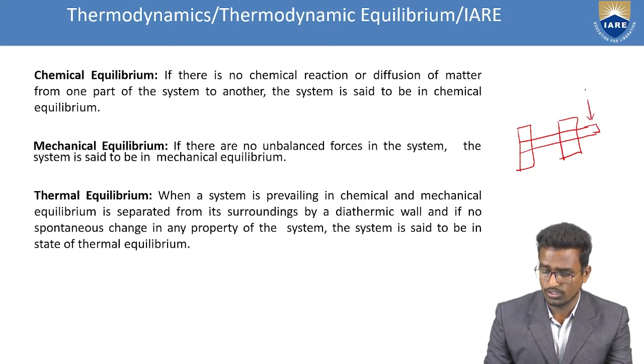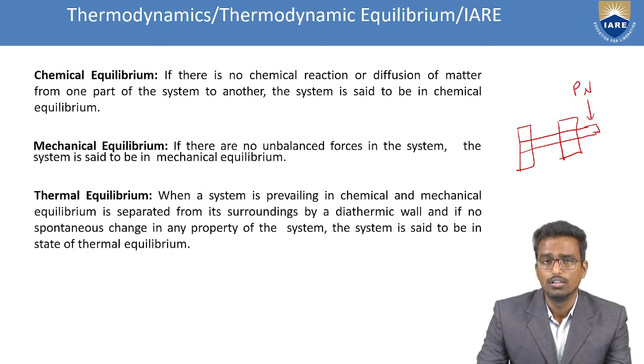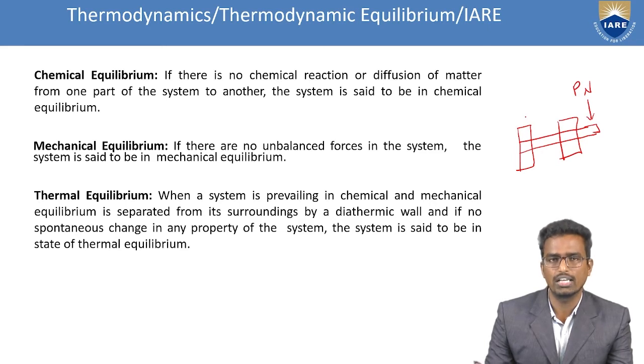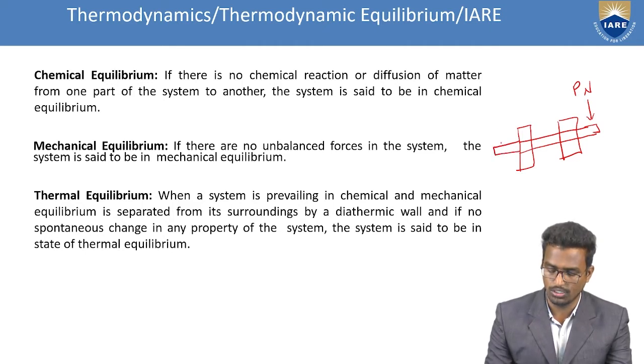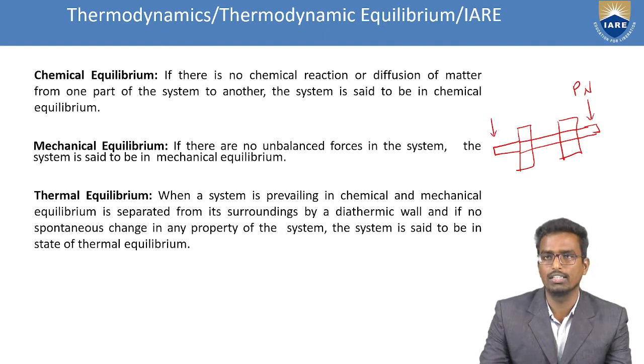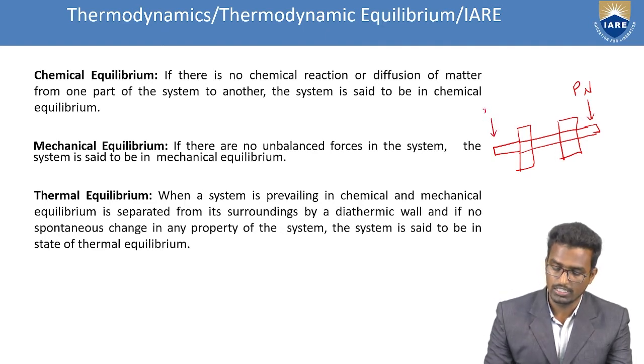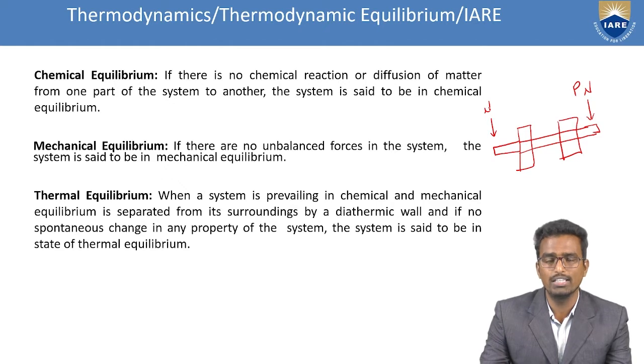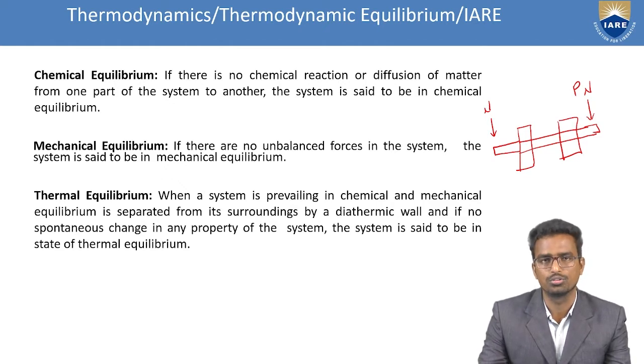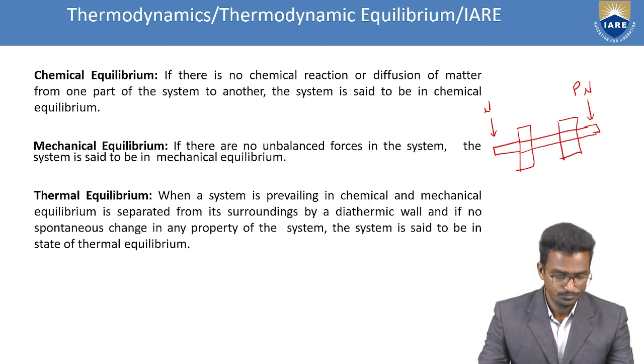If you apply some amount of force on the extension of the shaft, unbalanced forces occur. To minimize this, mechanically we apply an additional force. That means to make it equilibrium, we apply the same amount of force at the other end. That we call mechanical equilibrium.